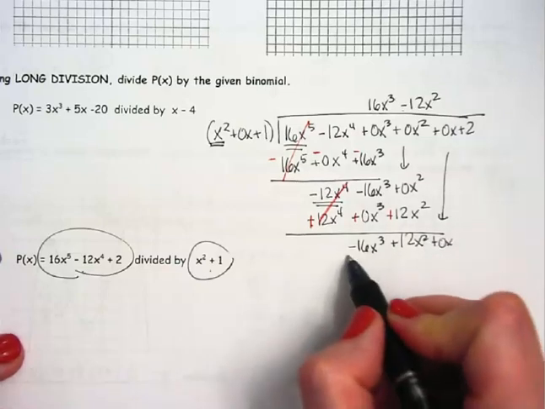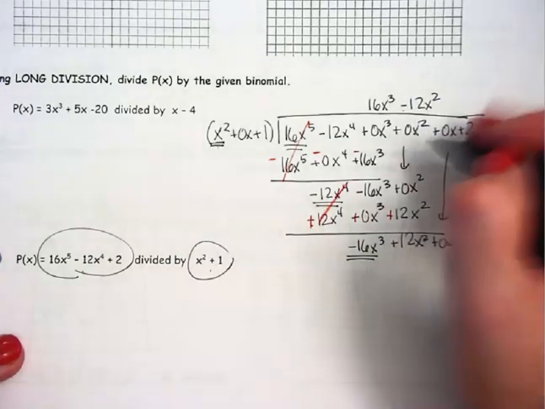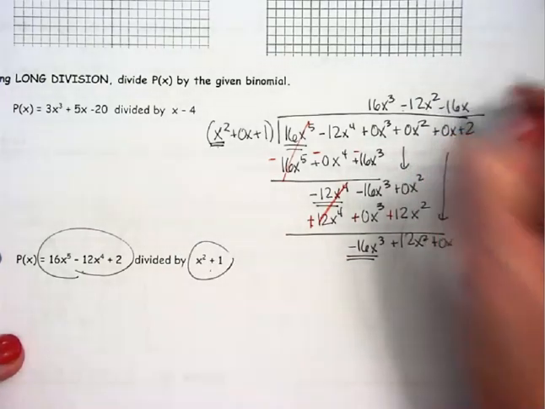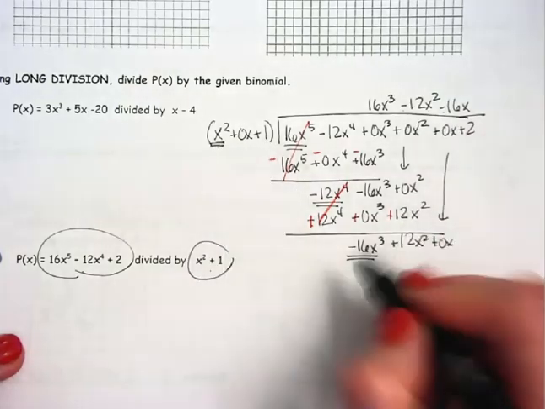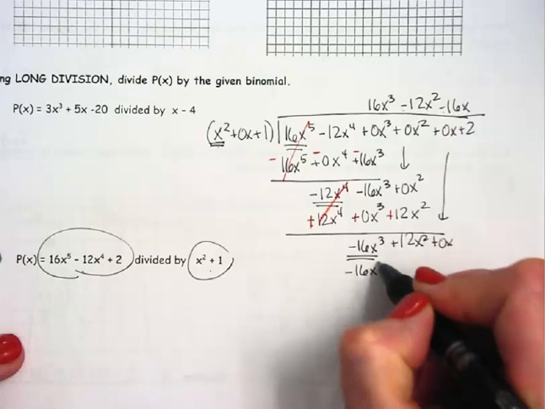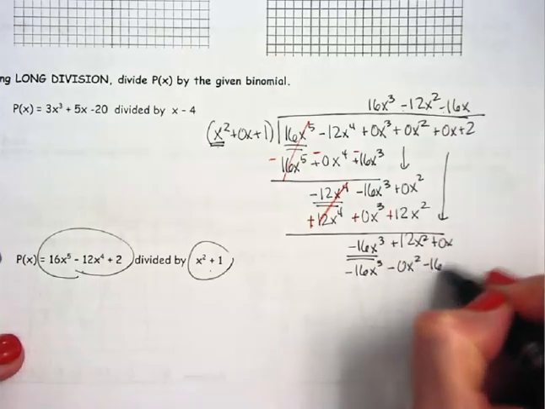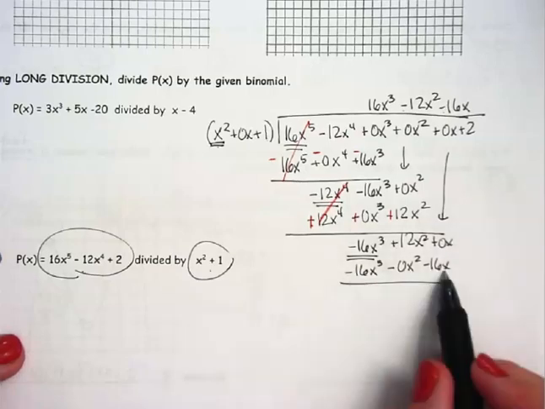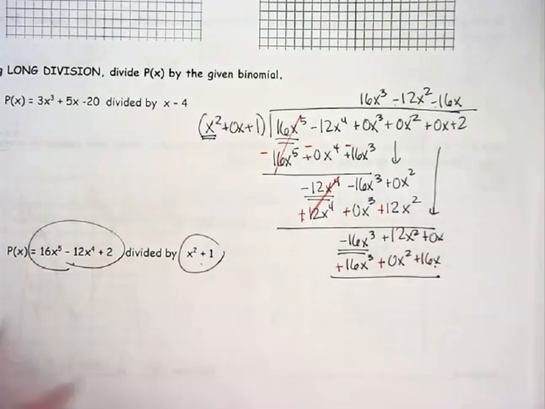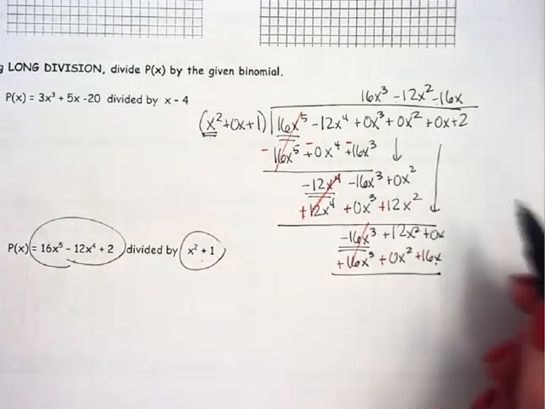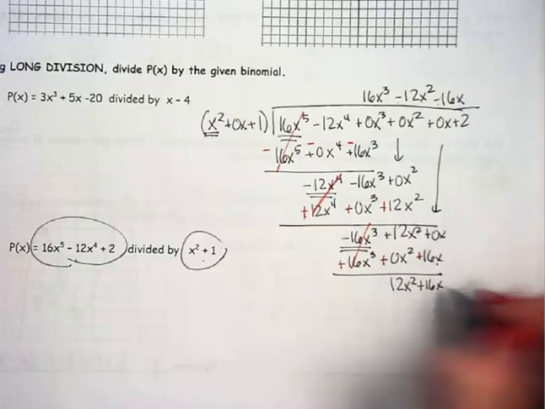Bring down the next term. Start all over again. This first term divided by this first term. So negative 16x. Negative 16x times everything here. Negative 16x cubed minus 0x squared minus 16x. Subtract off that entire row, which means change the signs. These cancel, and I get 12x squared plus 16x.